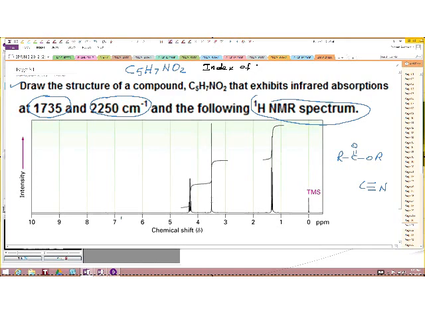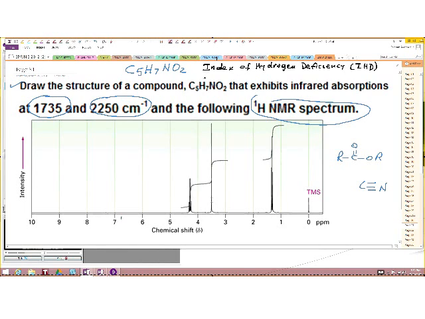The index of hydrogen deficiency, which you call IHD, will tell you the number of multiple bonds or rings that you have in your molecule. For each index of hydrogen deficiency, it is a double bond or a ring.